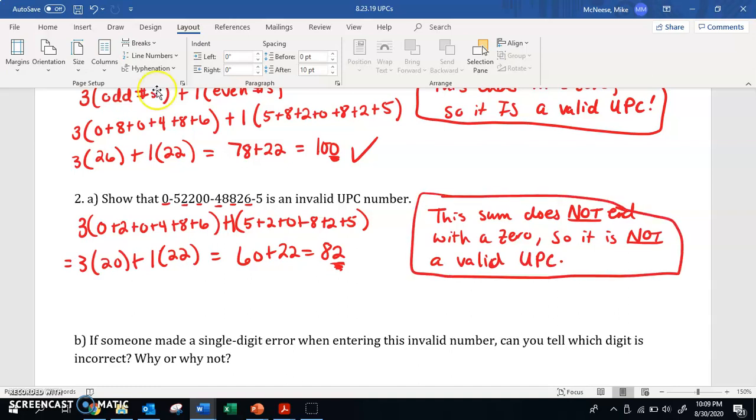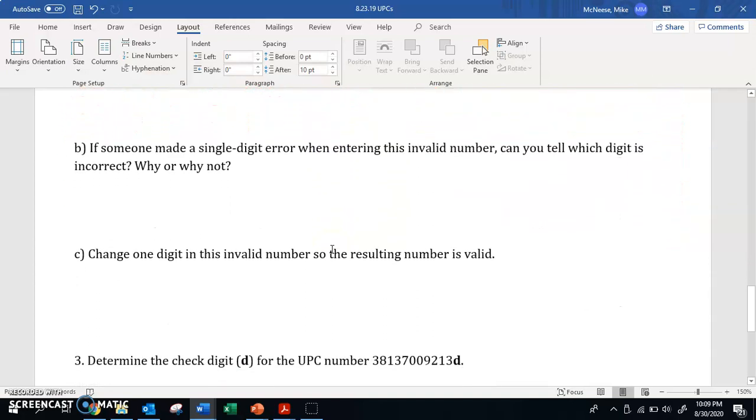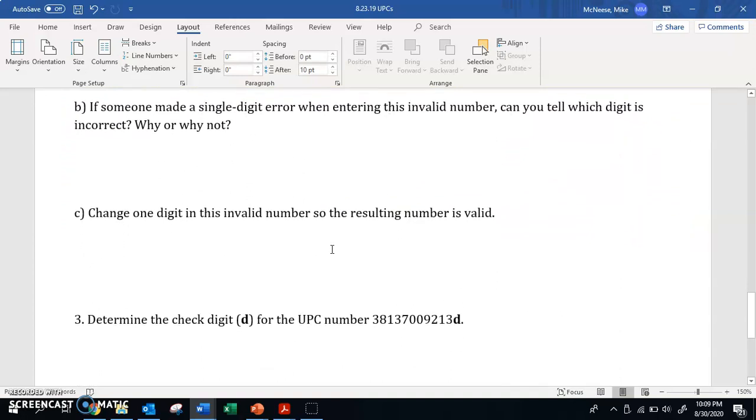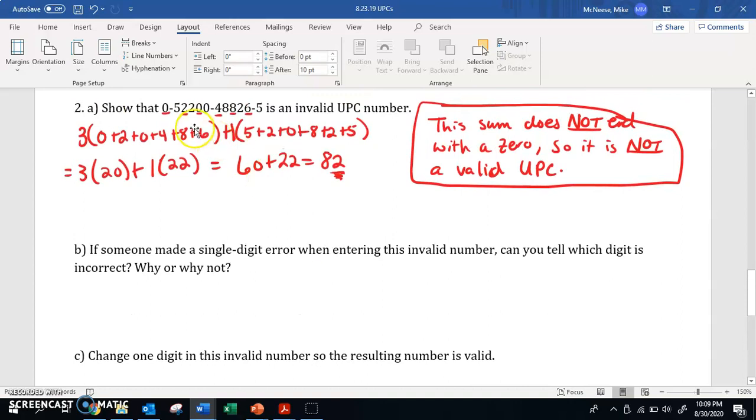Okay. And now it asks us, if someone made a single digit error when entering this valid number, can you tell which digit is incorrect? Why or why not? So we have all of these numbers up here, all 12 of them. If someone were to make a mistake, do you think by going up or down one value, that we would be able to tell?